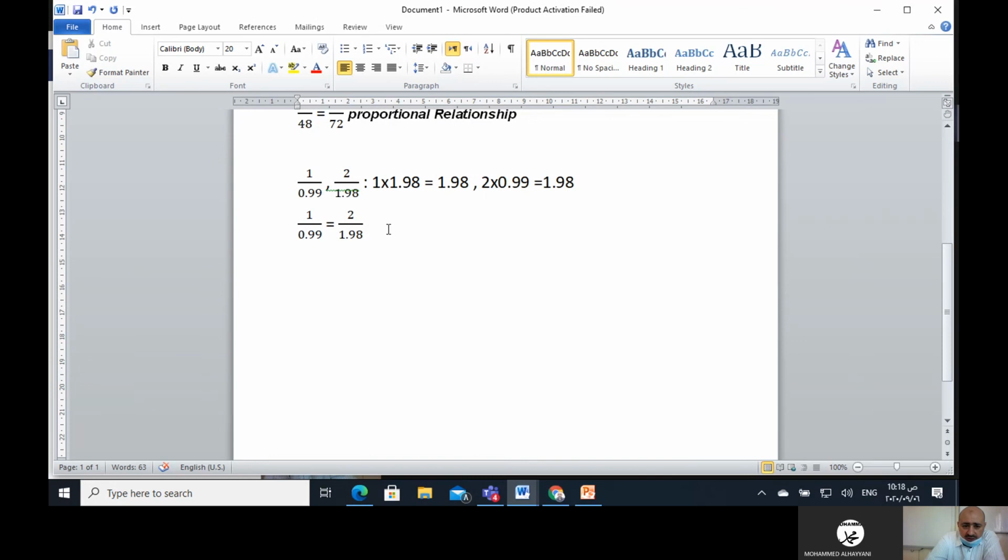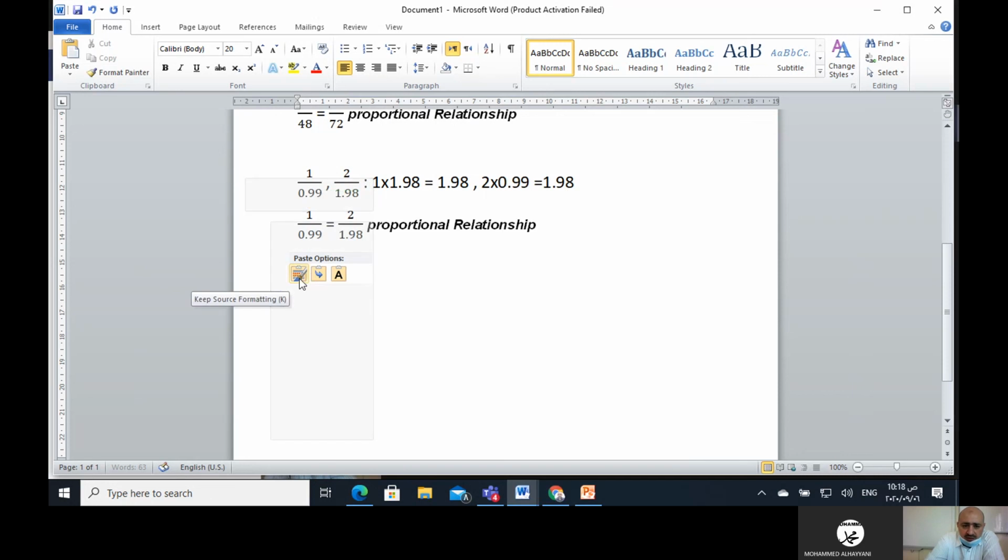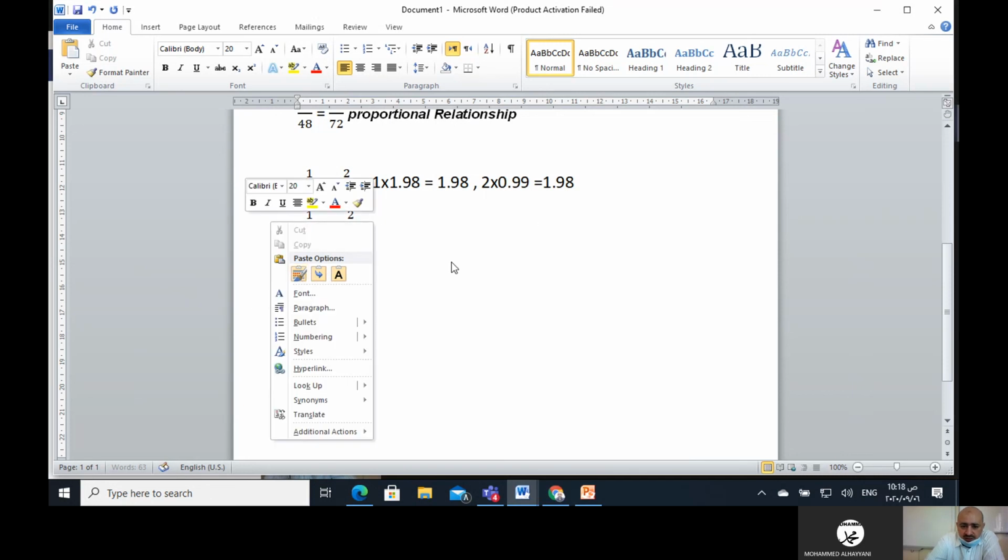So the relationship between the ratios here in the table is a proportional relationship.